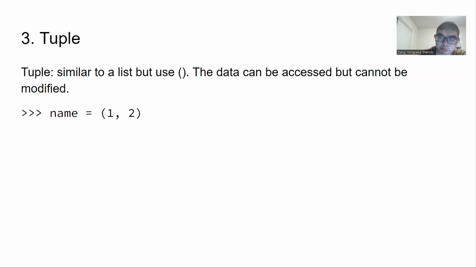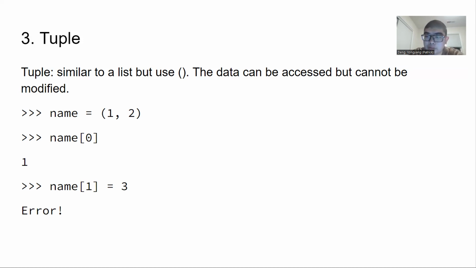Suppose I have a name with 1, 2 in a tuple, and I check name in the 0th place, which is 1, obviously, and name in the first place is 2. But when I do name of 1 equals 3, I want to delete 2 and make it 3, it will cause an error. That's because a tuple cannot be modified. It can only be accessed.